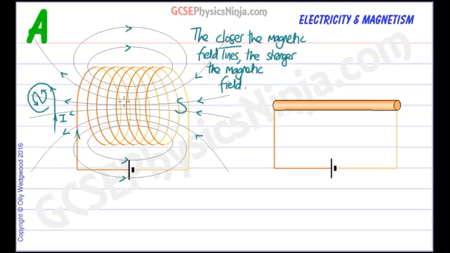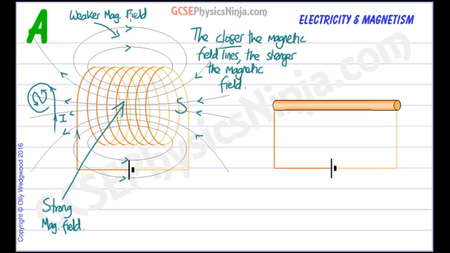So here we can see that the lines are very close together inside the middle of the solenoid. So at this point we have a very strong magnetic field. The lines are very close together, very densely packed. But up here they're not so densely packed, and so we have a weaker magnetic field. And so that's how you can compare the strength of magnetic fields just by looking at the lines and seeing how close they are together.